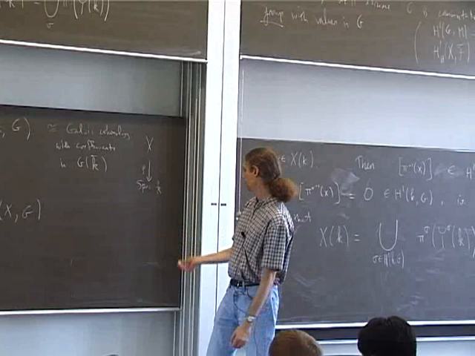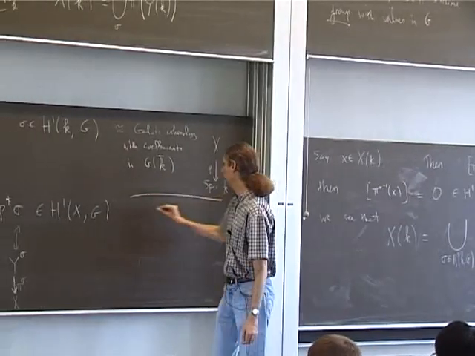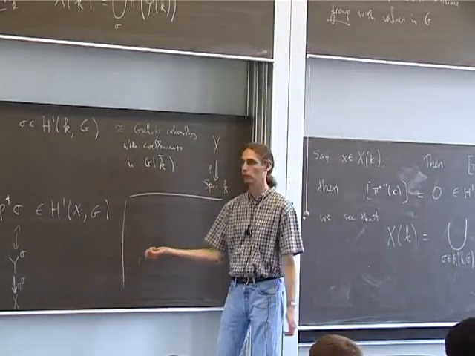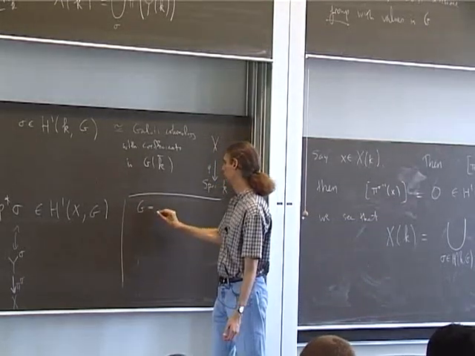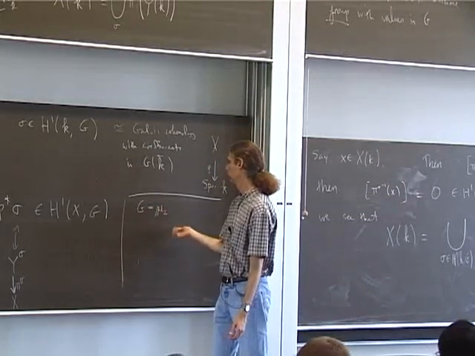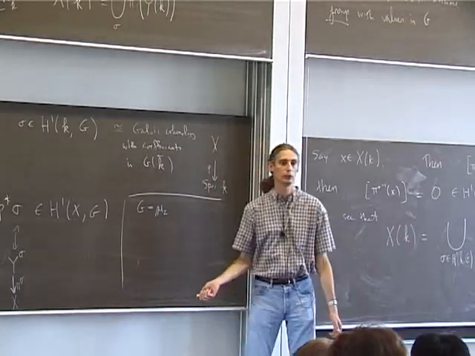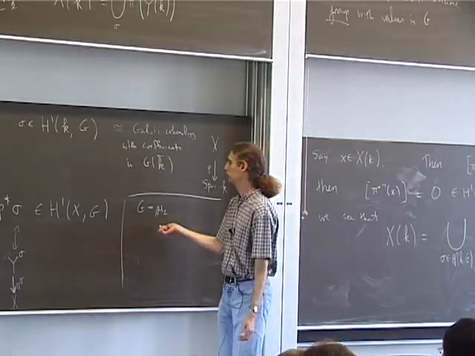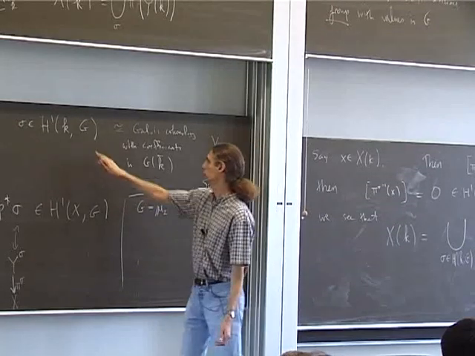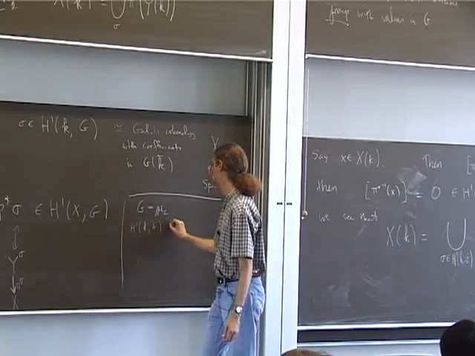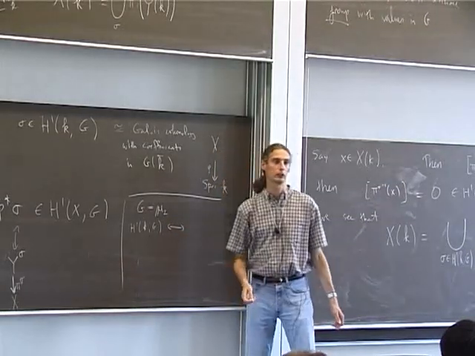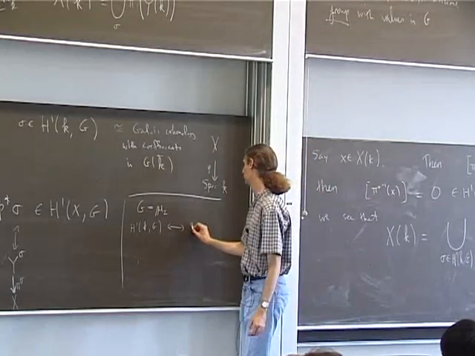So maybe I should just do a very simple example, which is if G is mu2, a group of order 2, then essentially this corresponds to quadratic extensions.